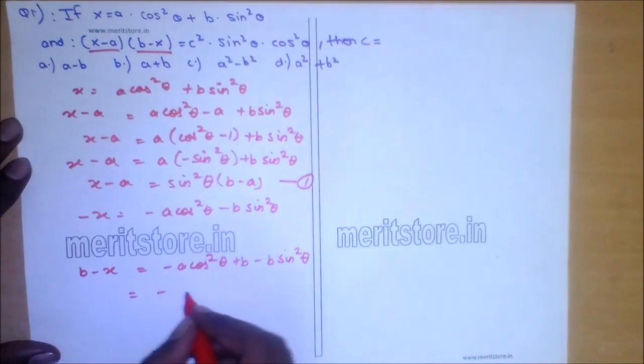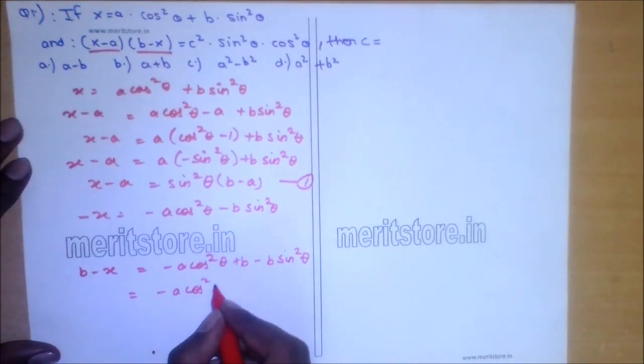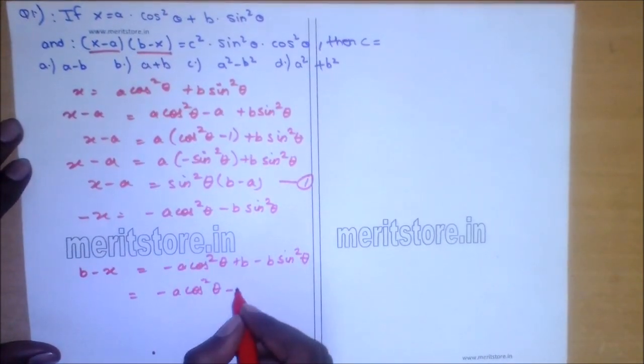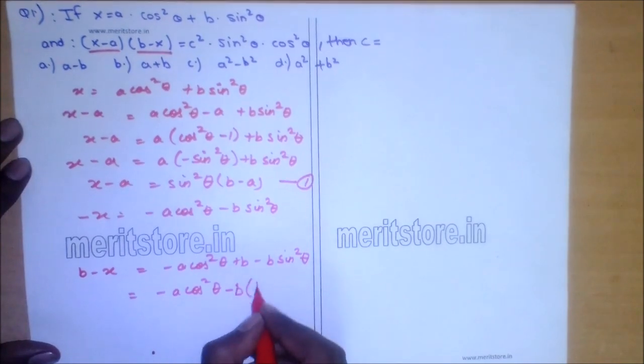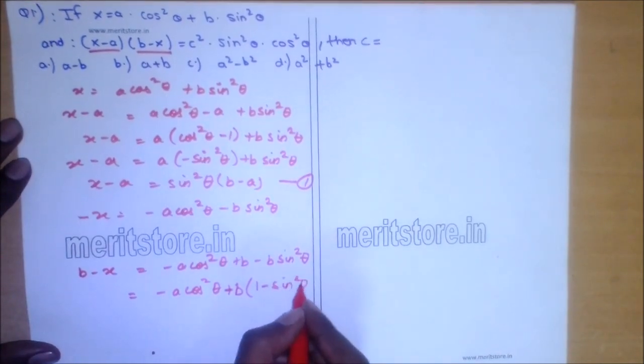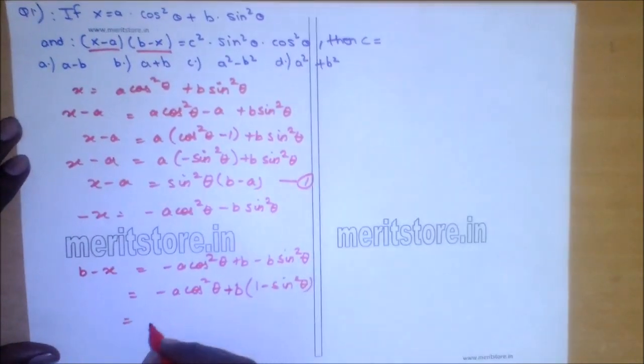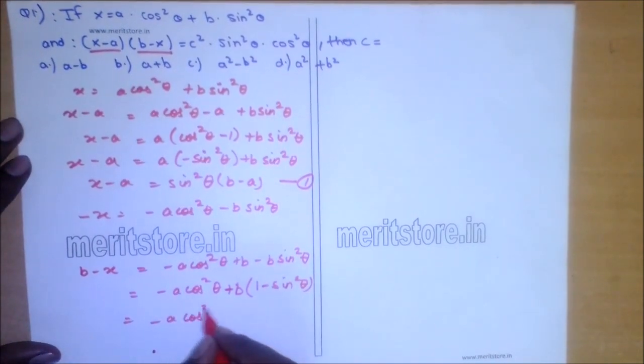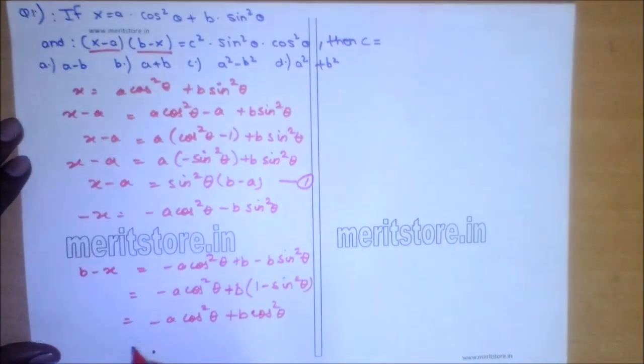That is minus a cos square theta plus b (1 minus sin square theta), that is minus a cos square theta plus b cos square theta. That is cos square theta (b minus a). Let this be equation 2.